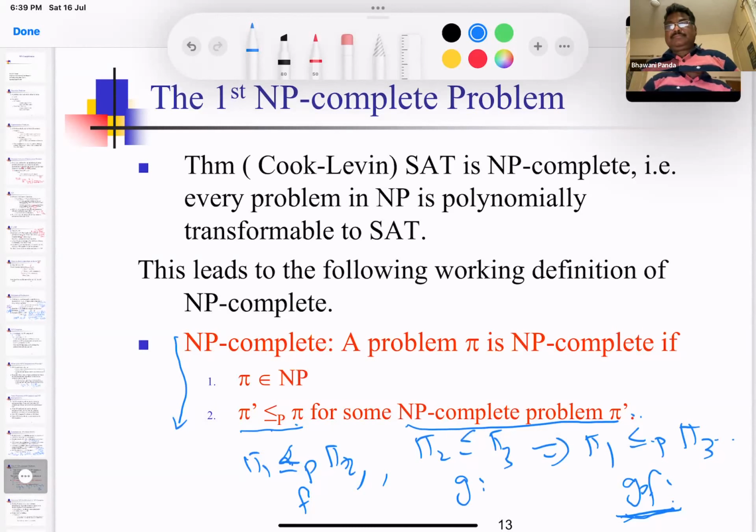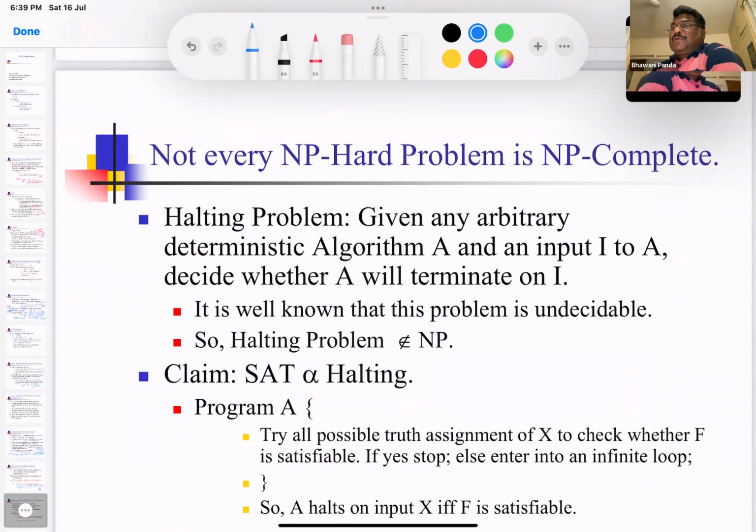The halting problem: given any arbitrary deterministic algorithm A and an input I to A, decide whether A will terminate on I. For example, I have given a programming assignment to solve a problem, and K students have produced programs P1, P2, up to PK.